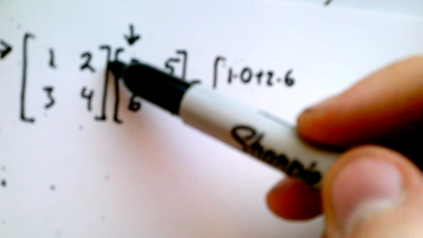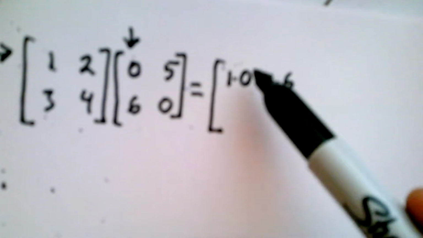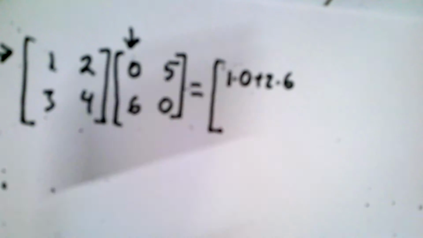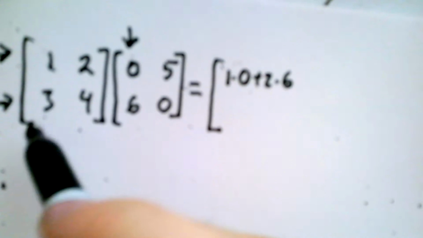If there were a third entry in this row and a third entry in this column, it'd go third by third. Okay? And since it is the first column and the first row that we multiplied together, that goes in the spot of the first column and first row, the top left. Next, we're going to take this row and the same column and go 3 times 0 plus 4 times 6.